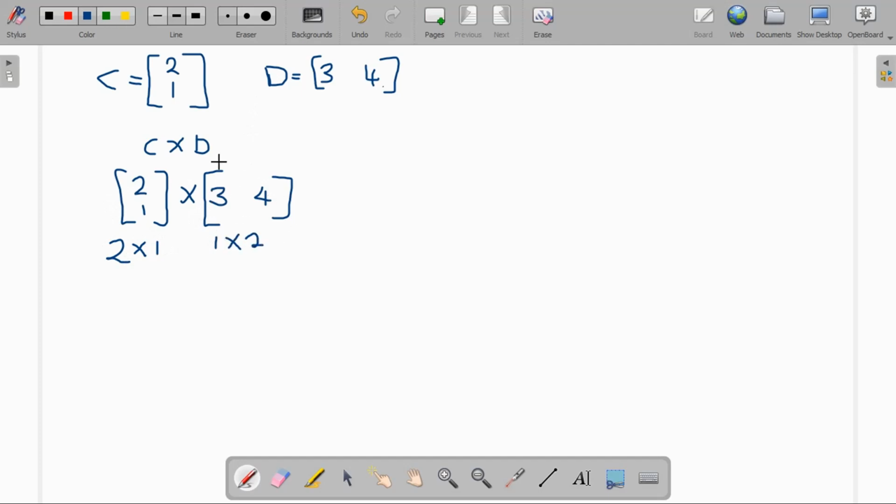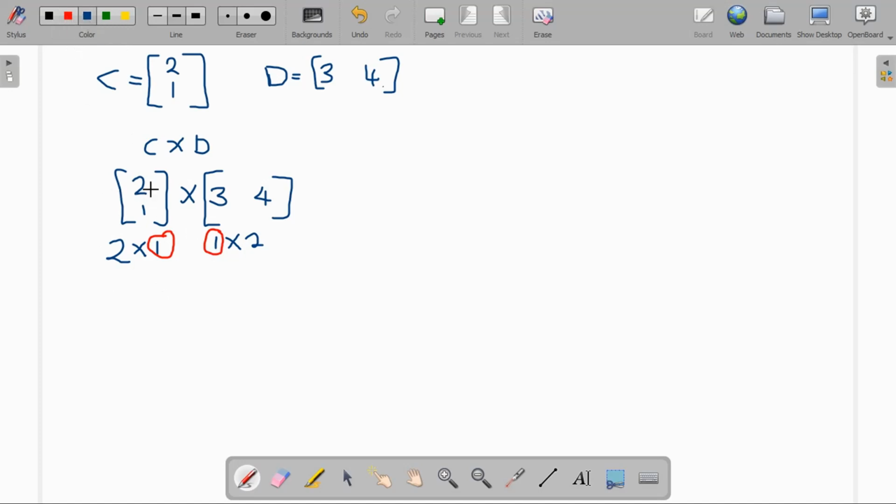So 2 rows and one column, and one row and two columns. The numbers here tell us if these two matrices can be multiplied or not. These two matrices can be multiplied because there's one here and one there.